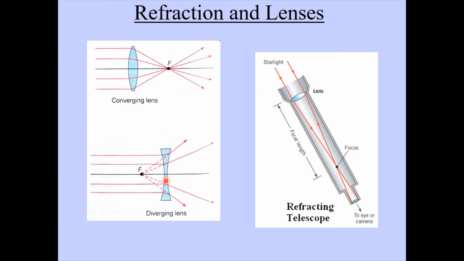The other type of lens is a diverging lens, and it's curved the opposite direction, as you can see. So incoming parallel light rays here actually diverge instead of converge. They spread apart. And this type of lens is used for different purposes, one of them to correct vision defects in eyes.